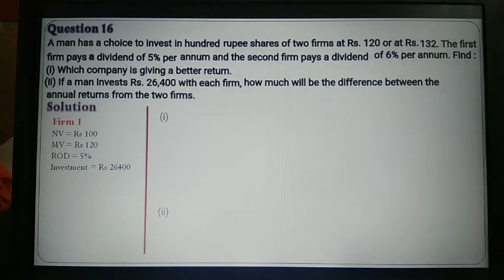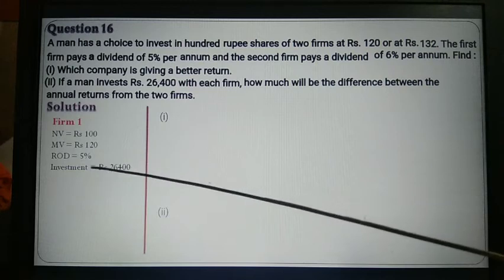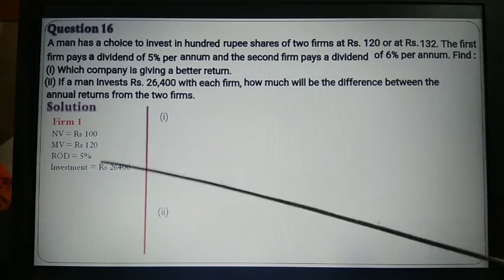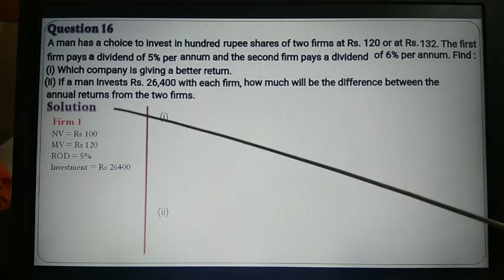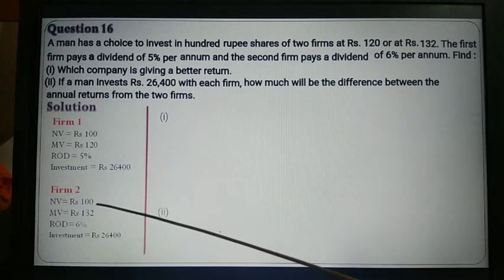We'll see the next part later, so we'll avoid it for now. We have been given these three in the beginning. The question says find which company is giving a better return. This is firm 1, and similarly for firm 2 these are the things given.